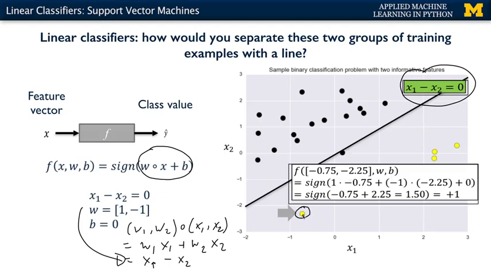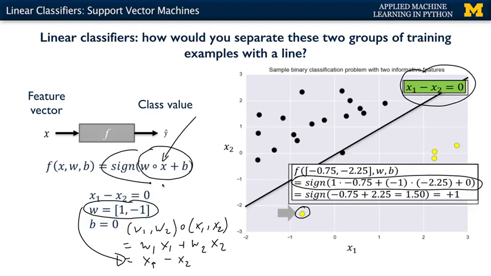All we would do to have the classifier make a prediction with this decision boundary would be to plug in those coordinates into this part of the function, and apply the weights and the bias term that describe the decision boundary. So this expression here corresponds to this part of the equation.